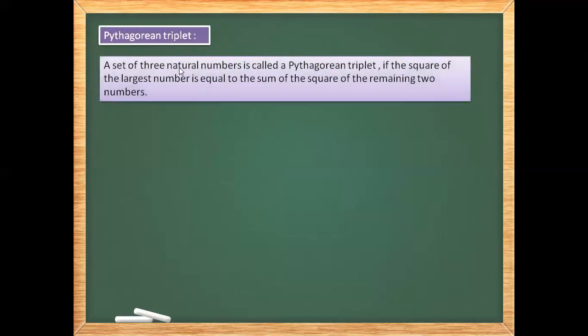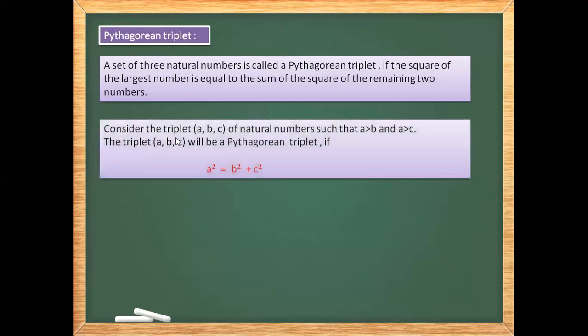It is a set of three natural numbers in which the square of the largest number is equal to the sum of the squares of the remaining two numbers.